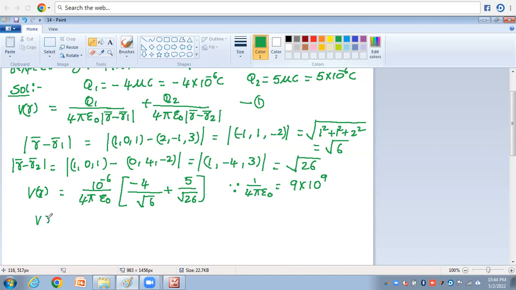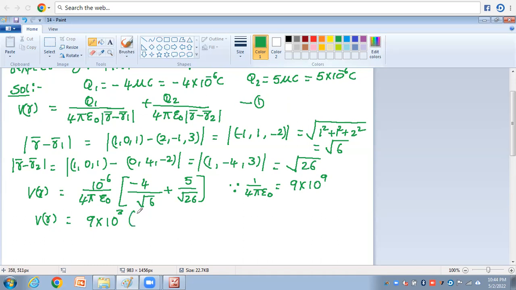Then V of r equal to, substituting this part, 10 to the power of minus 6 and 10 to the power of 9, then the resultant is 9 into 10 to the power of 3.